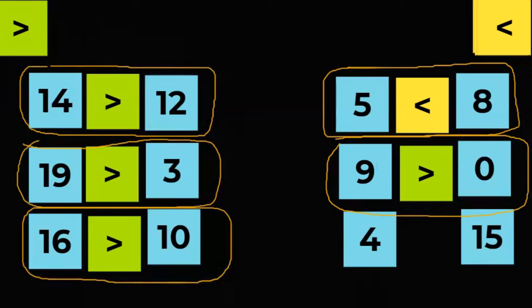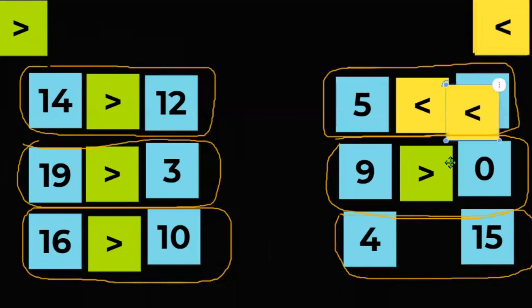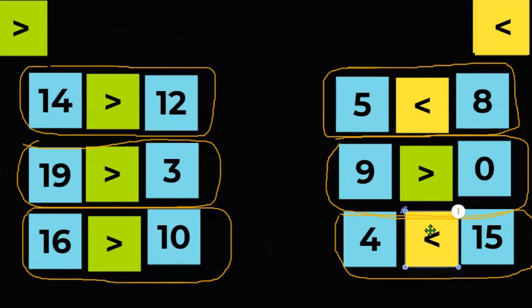It begins with 4, and on the other side we have 15. Is 4 greater than 15 or is 4 less than 15? It is less than, so we're going to choose the less than sign to place between both numbers. And it reads 4 is less than 15.